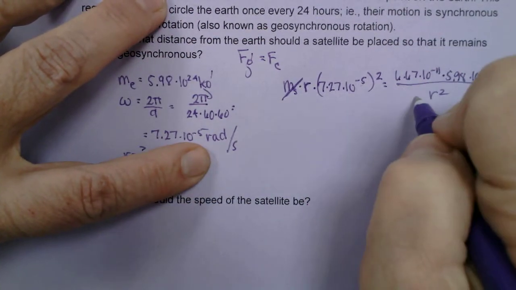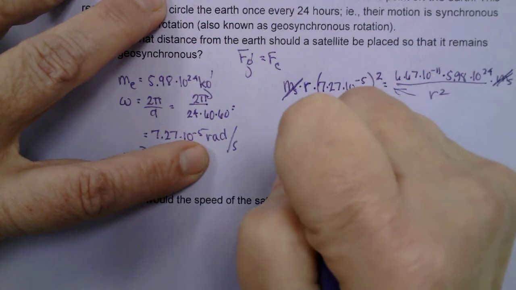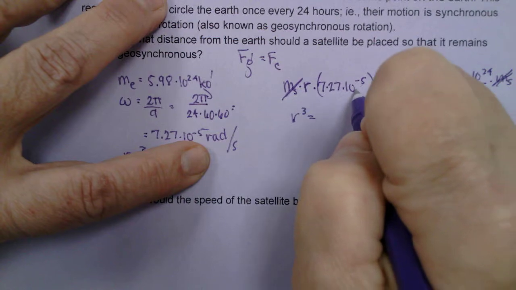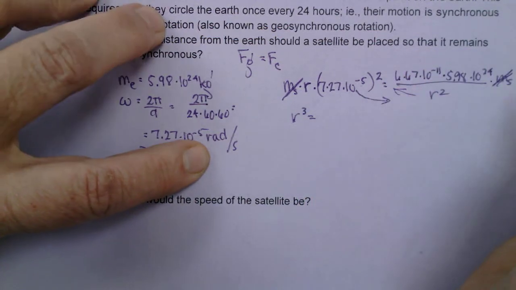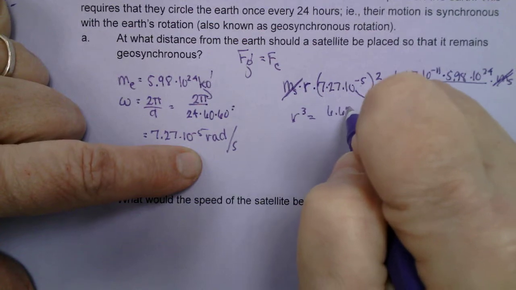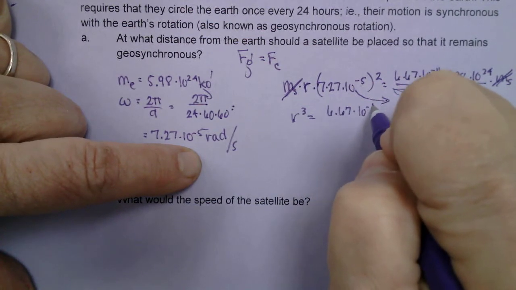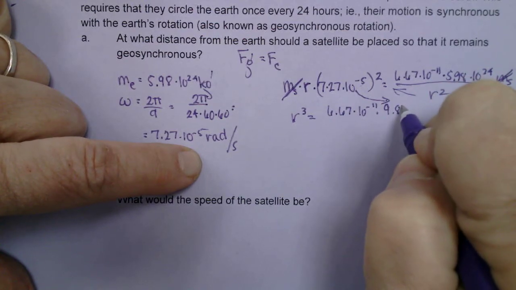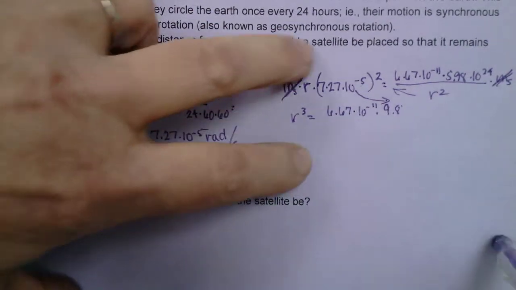So I move my R over to that side, and I'm left with R cubed is equal to, but now I'm going to move this over here by putting it into the denominator. So it's going to be 6.67 times 10 to the negative 11 times 9.81.